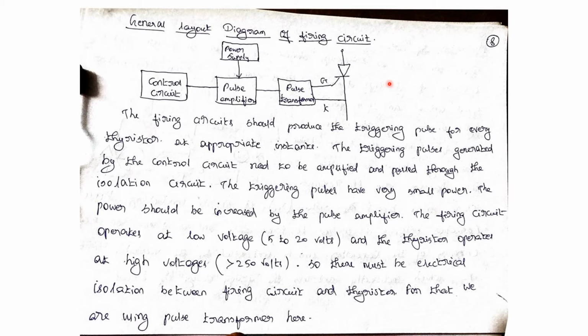The control circuit, power supply and pulse amplifier are called the firing circuit. The pulse transformer and SCR are known as the triggering circuit.